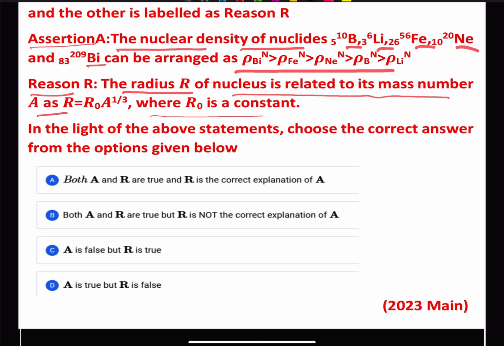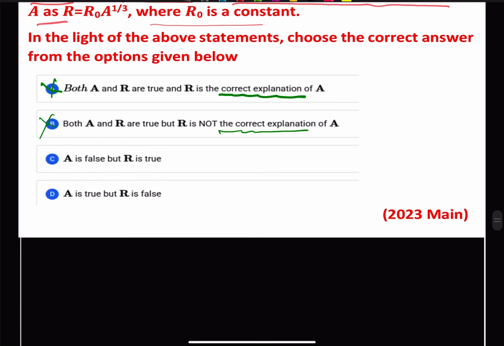First of all, there is no relationship between these two. So at least, this is correct or not correct, this will be both wrong. So we have to check which of C and D will be the correct option.